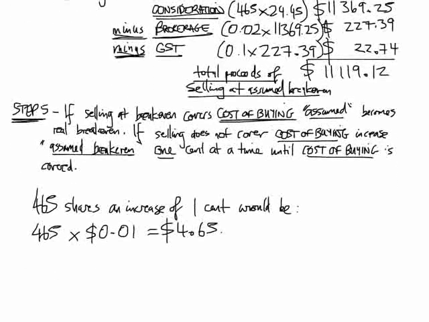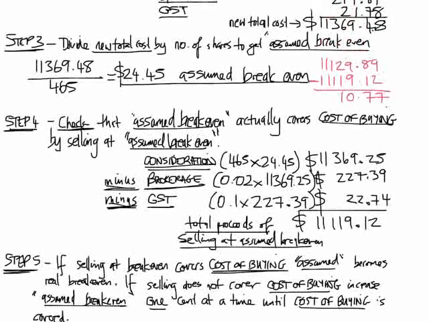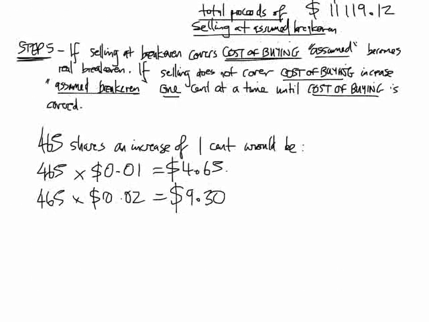what's 2 cents going to be? It's going to be 465 times 0.02, and that would be $9.30. $9.30 still doesn't make up the difference in the proceeds and the cost of buying, so we need to increase it by 1 more cent.